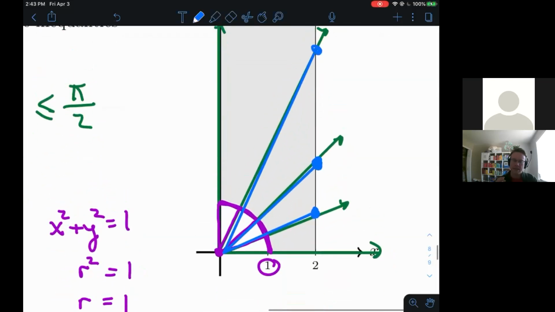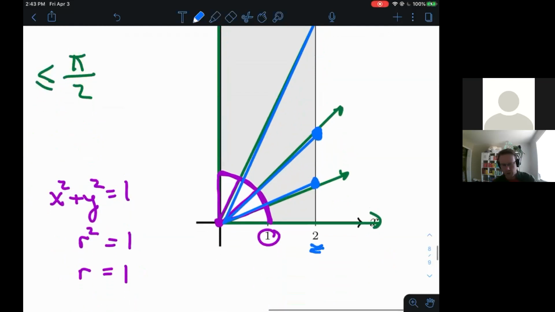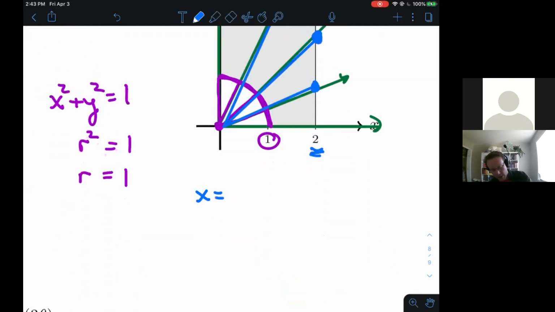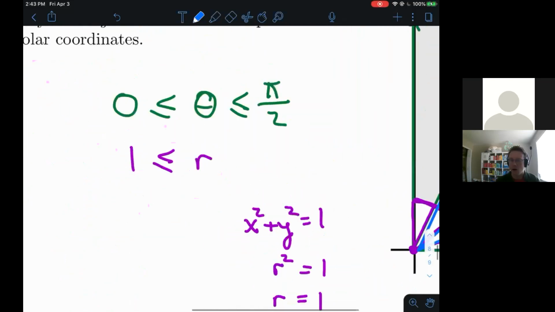But the big thing is that it's a straight up and down line at 2 here, really the x value of 2. So there's really no restrictions on y, but the x value is 2. Same sort of game as before, I'd like to convert this into polar, because I need to specify a bound on r.